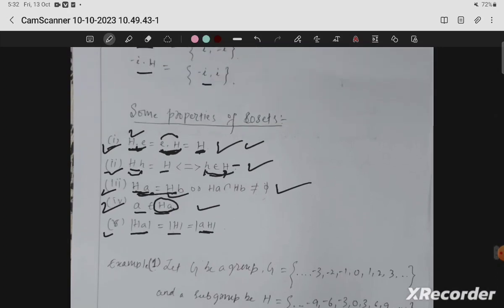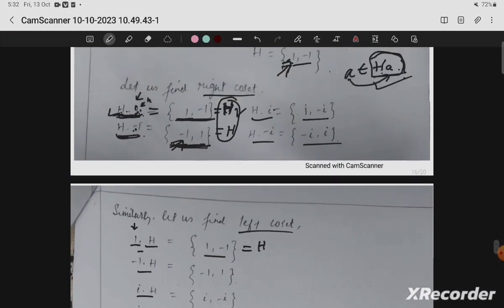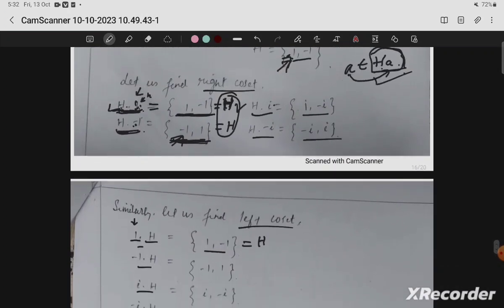So we will find the order of the right cosets first. This is a right coset.